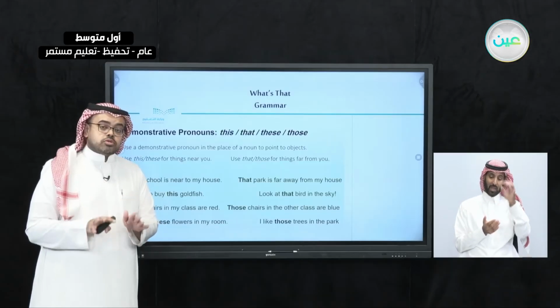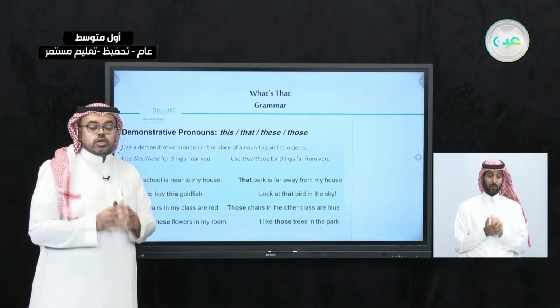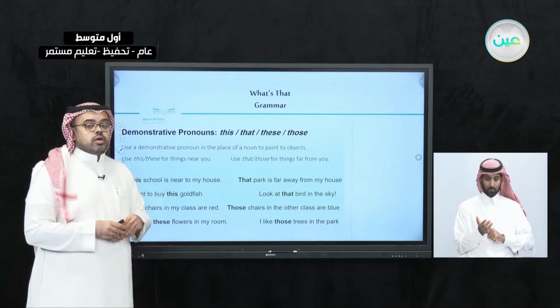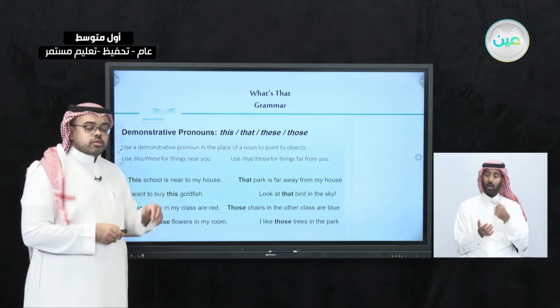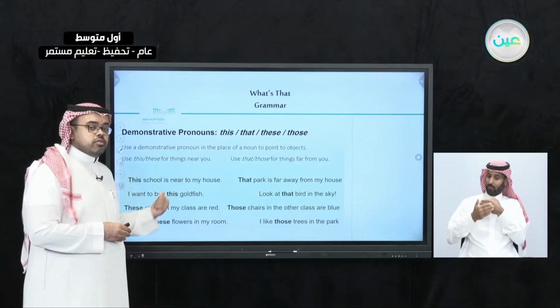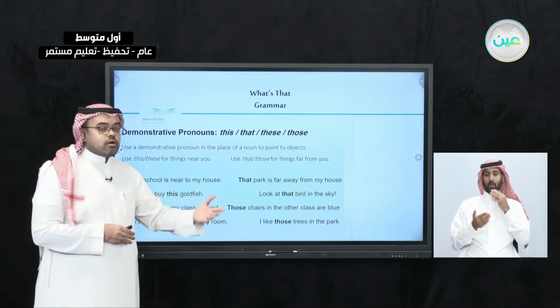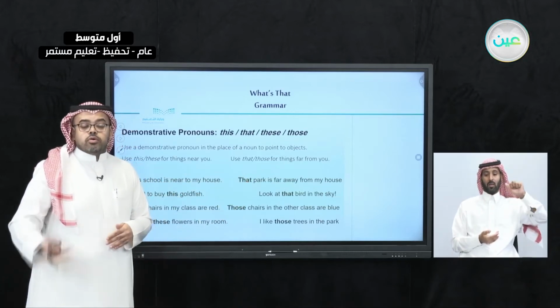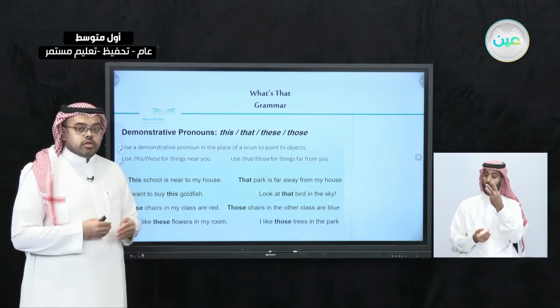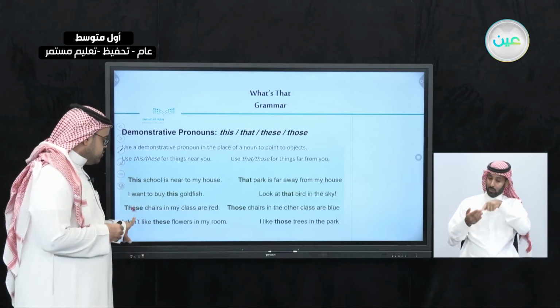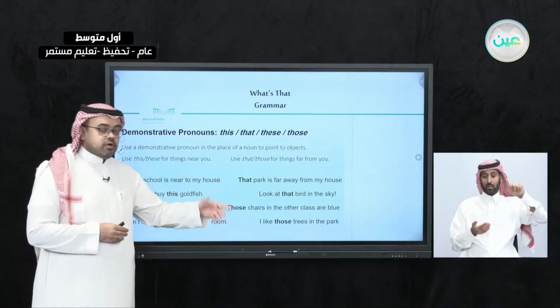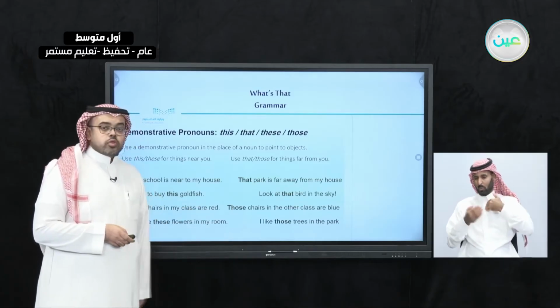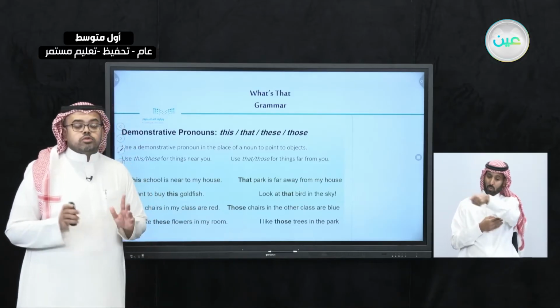The most important thing is that if we're talking about a singular object that is near to us, we would say this. If it's far, we would say that. If we're talking about more than one object, and it's near to us, we would say these. And if it's very far, we would say those. This is a very important thing to remember.